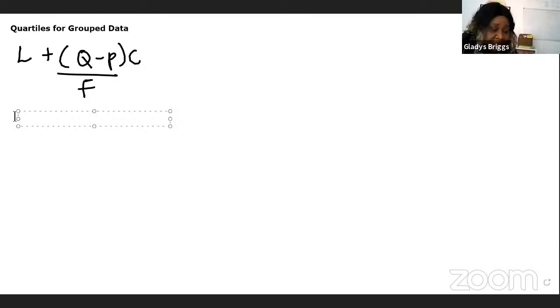L stands for the lower limit of the quartile class.